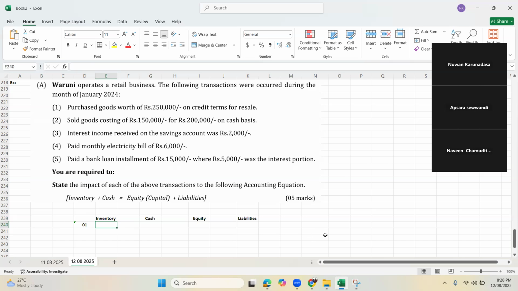Liability increase. Liabilities increase. Very good. Inventory 250 increase. That is creditor. What is the other? Naveen? Stock increase. Perfectly correct. Stocks increase.